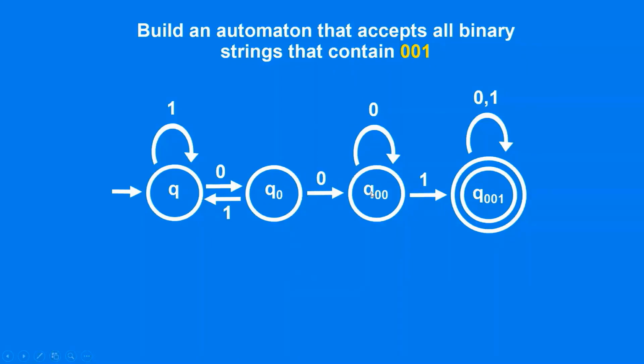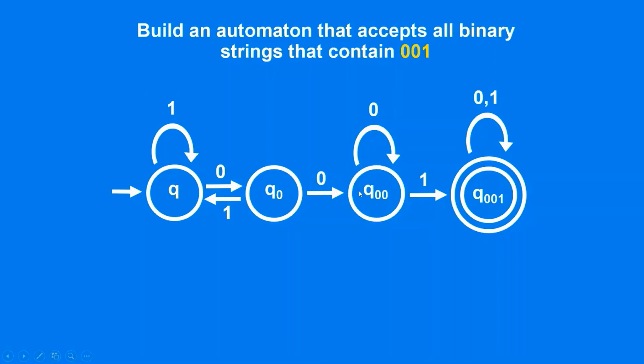But suppose two 0s have been seen and another 0 comes, then what will you do? You cannot go back by reading another 0, you have to stay here. Otherwise there is a chance of 3 zeros, 4 zeros, 5 zeros, and two zeros are also there within them.